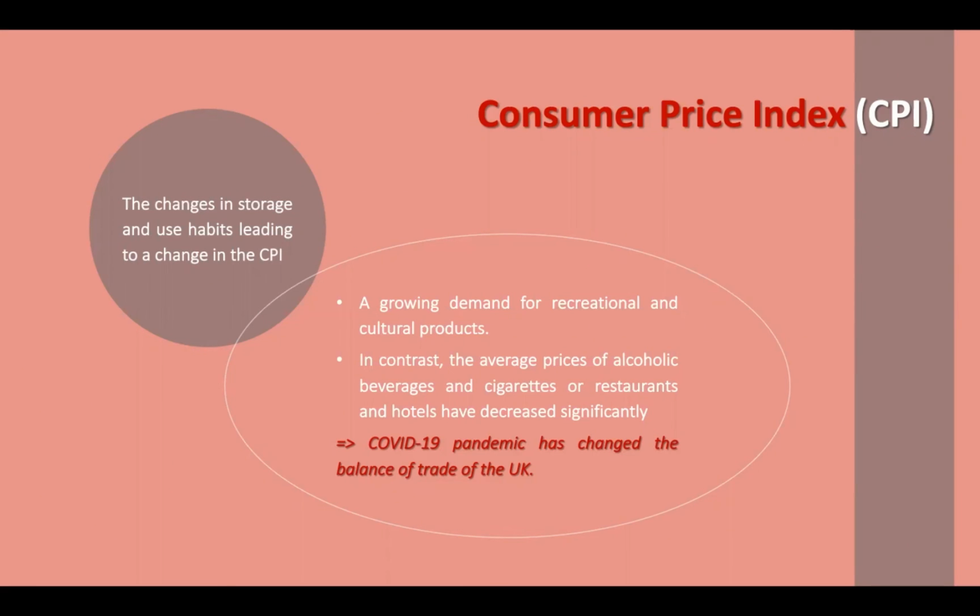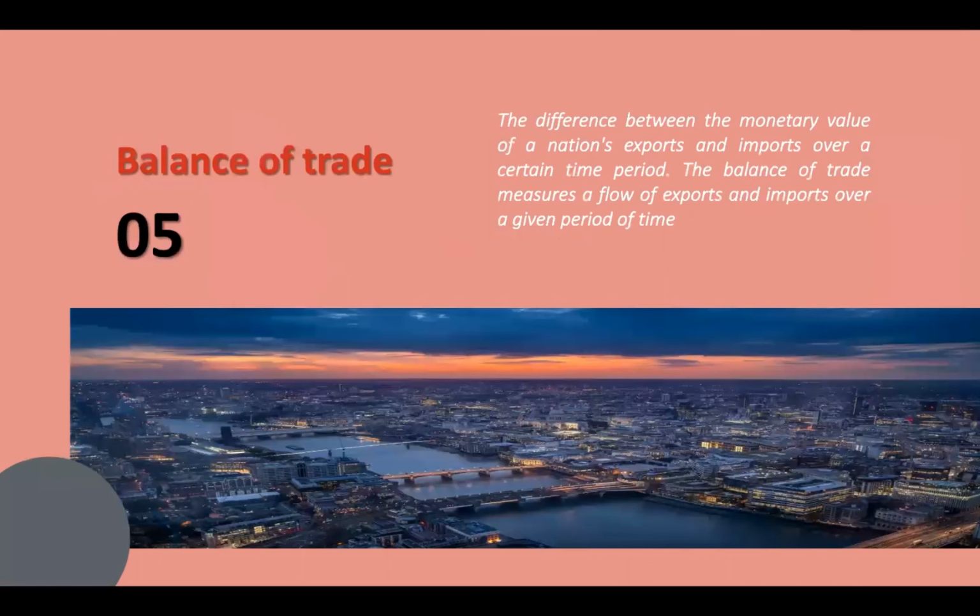Following from the CPI, the COVID-19 pandemic has changed the balance of trade of the UK. The balance of trade is the difference between the monetary value of a nation's exports and imports over a certain time period.